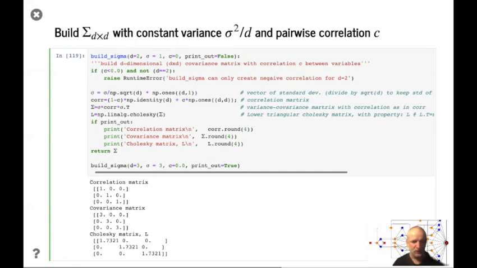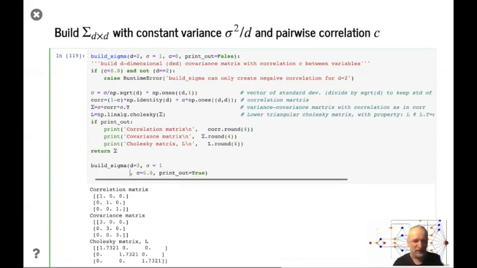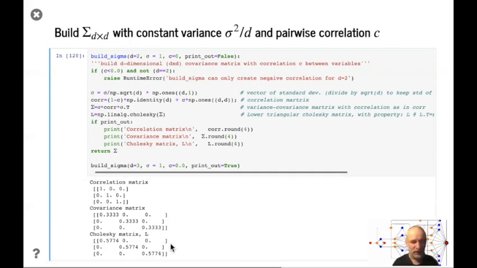In the case where you have independent random draws, this is really the square root of this one here.